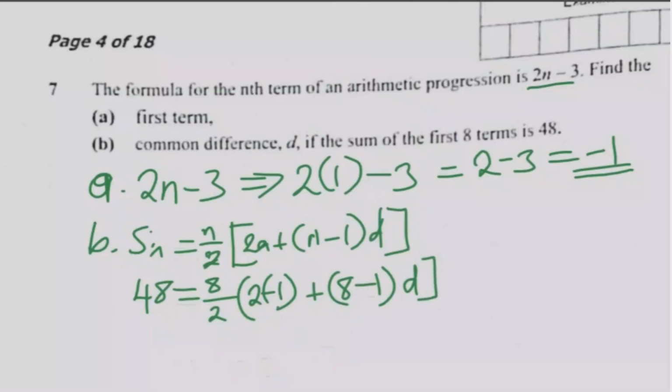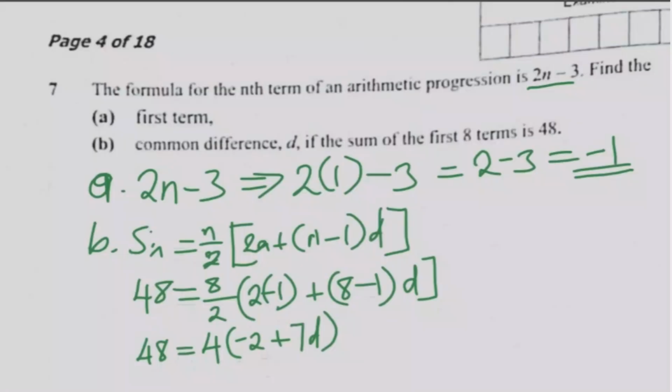Okay, then I just need to evaluate that. So I'm going to have 48 is equal to 8 divided by 2 gives me 4. Then open bracket, 2 times negative 1 gives me negative 2, plus 8 minus 1 will give me 7. 7 times d gives me 7d, close bracket, like that.